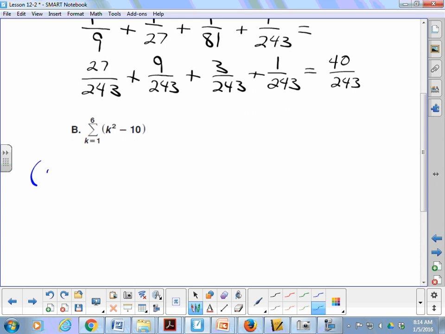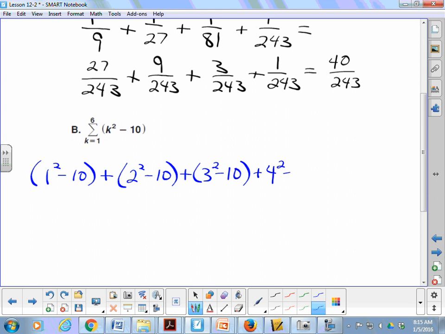So we have 1 squared minus 10, that quantity plus 2 squared minus 10, and then 3 squared minus 10. My writing is going to get smaller as we go here, plus 4 squared minus 10, 5 squared minus 10, and 6 squared minus 10.